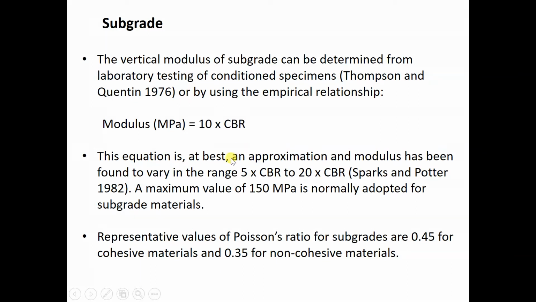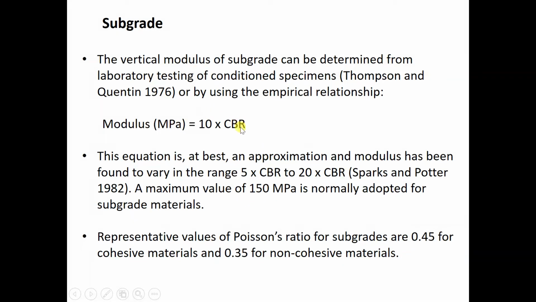So let's say CBR 10 times 10 will be 100. Here the maximum value is 150, because the CBR is in the range between 5 and 20, so the maximum shouldn't go beyond 150.